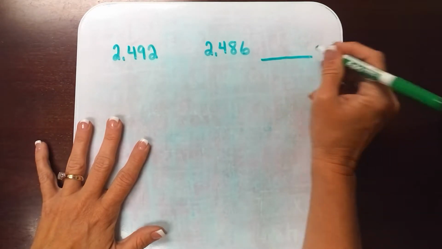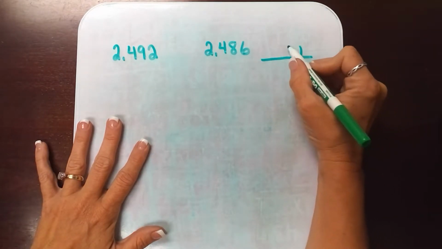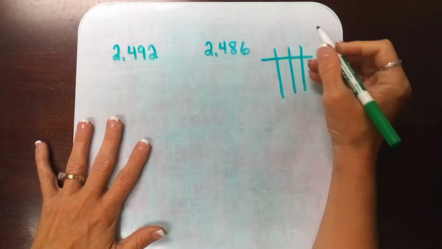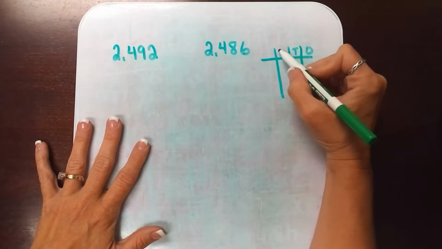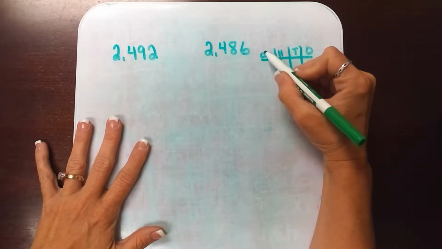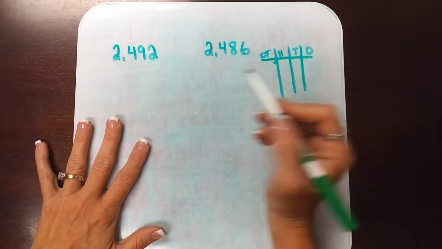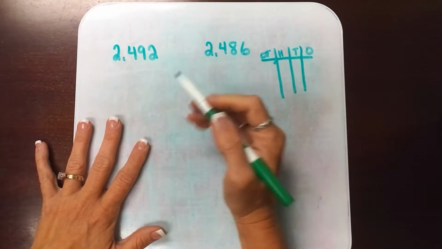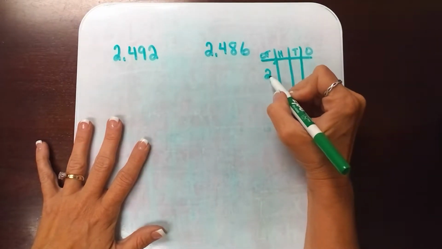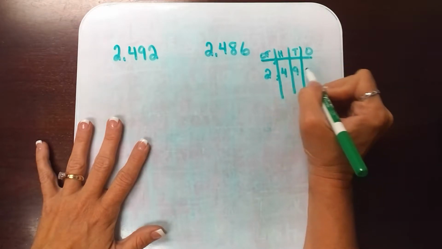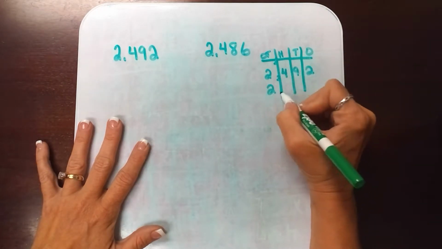So I would recommend creating the place value chart for these numbers. Both of them go up to the thousands place, and you're going to put them in a place value chart.